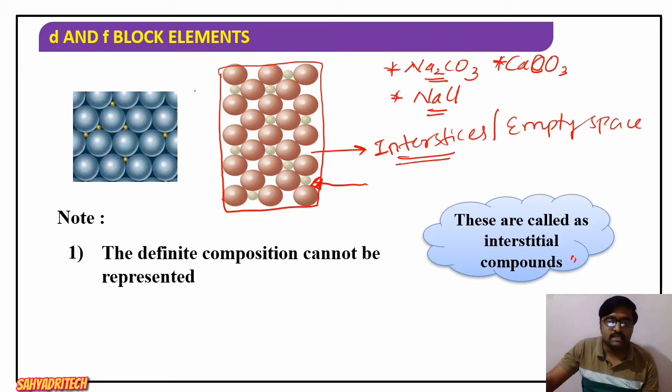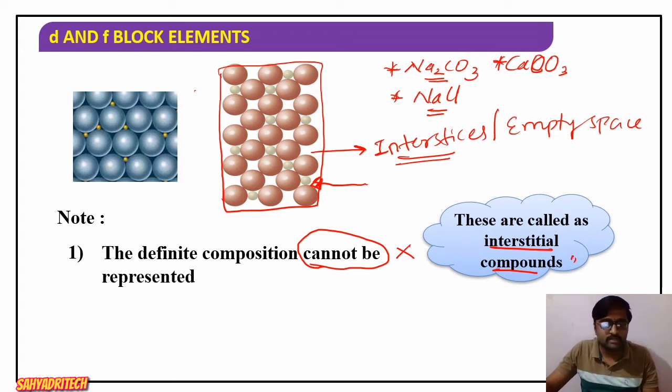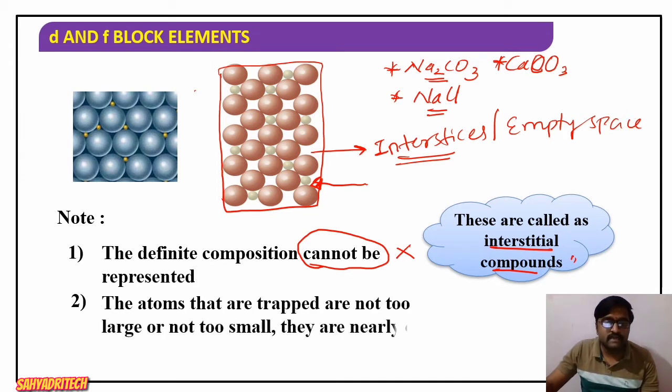But for interstitial compounds, they do not have a definite composition. So the definite composition cannot be represented for interstitial compounds. That is the one thing. Then the second one, the atoms that are trapped.